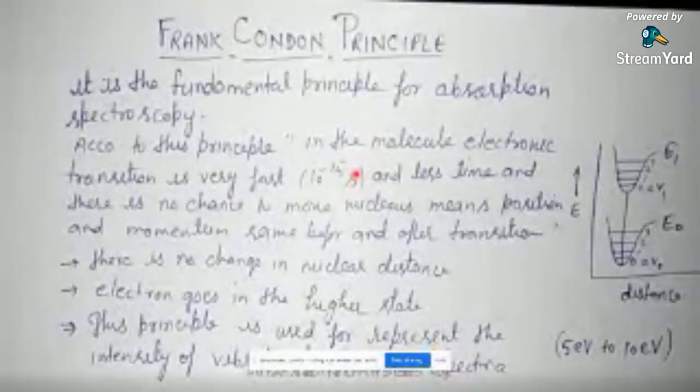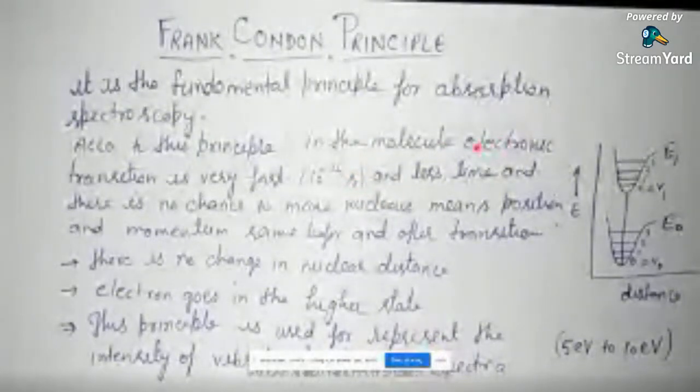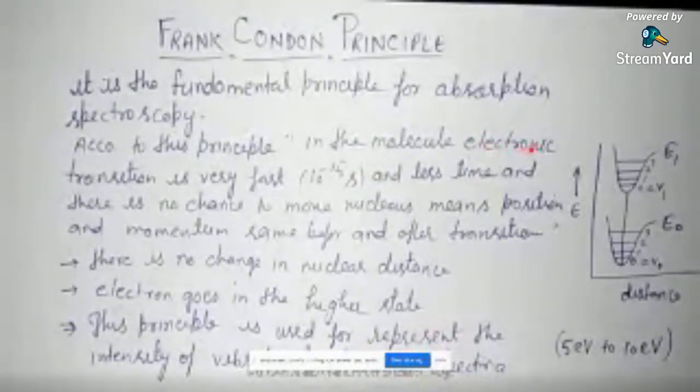As we know, the molecule is composed of nuclei as well as electrons. Now, when the electronic transition is occurring, it would be associated with nuclear transitions also, but the electronic transition occurs at a very high speed of 10 to the minus 15 seconds.